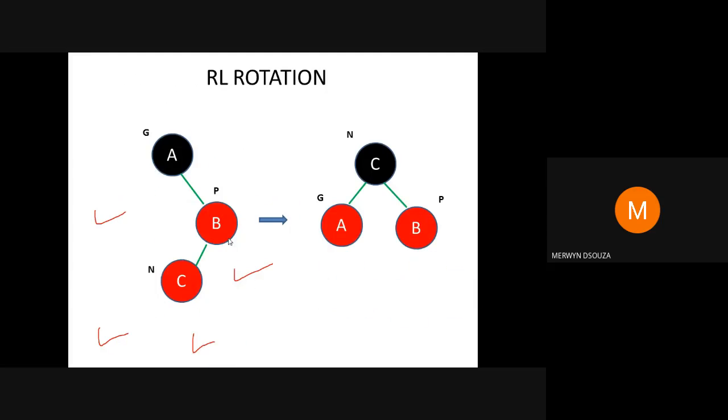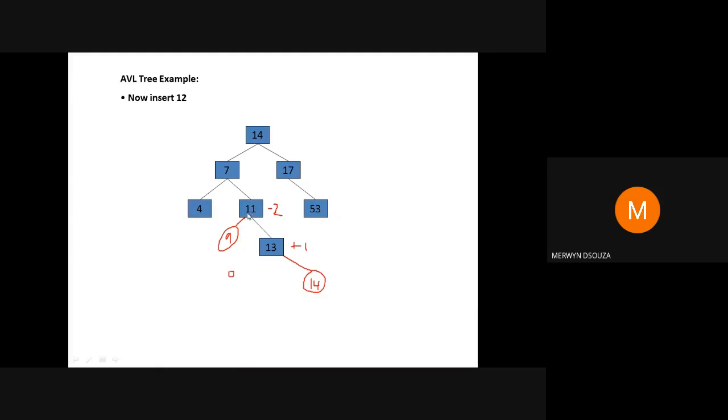Then you would look at this diagram of yours. The left child of A is 1. If you remember, I have called this A. 11 is A. The left child of A is 1 according to this diagram here.